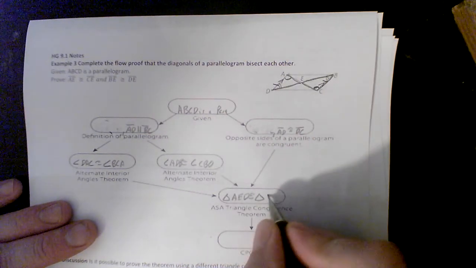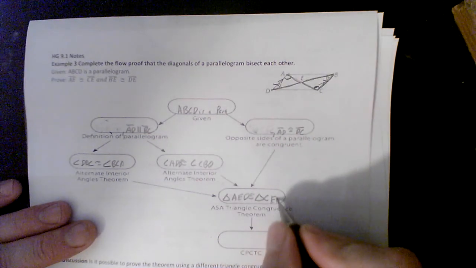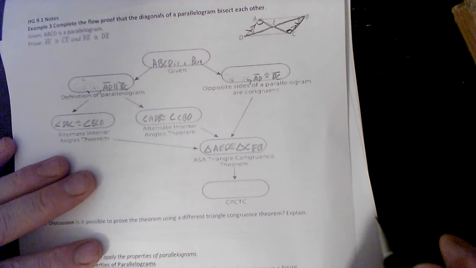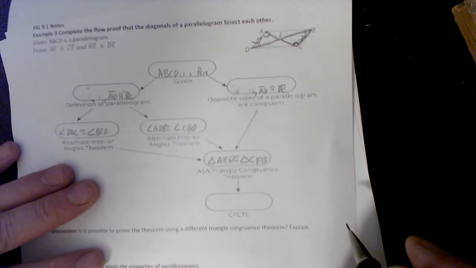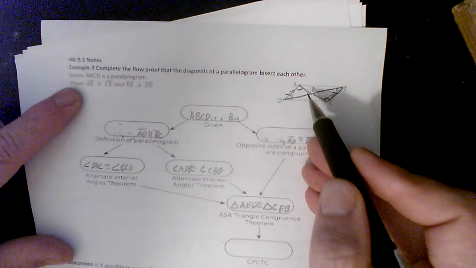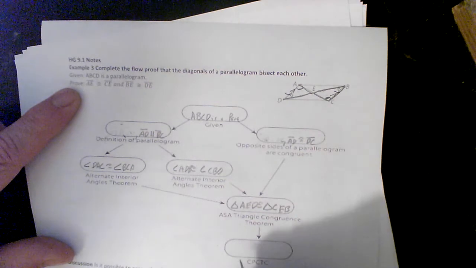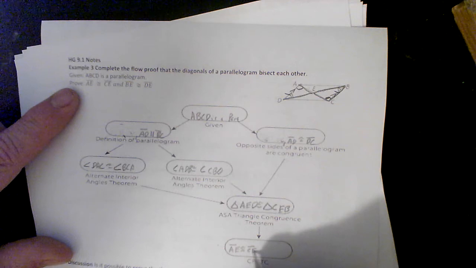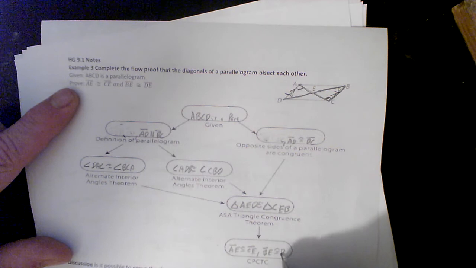It looks like CEB, by the angle-side-angle triangle congruence theorem. And once you do that, as long as the parts match up, you can say CPCTC. If you look at it, AE matches up with CE, so I can just write that down. Segment AE is congruent to segment CE, and segment BE is congruent to DE.